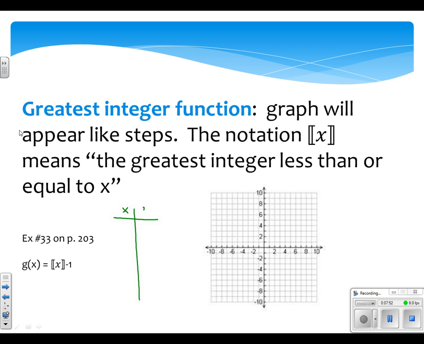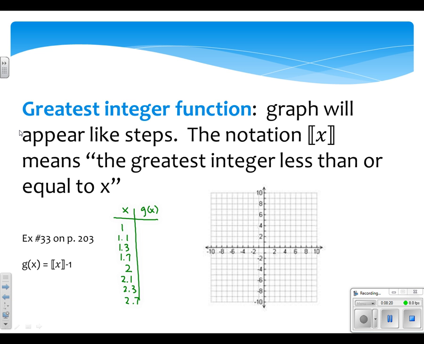So let's do an x and a g of x chart. Remember, g of x just means y. I'm going to choose 1, then some decimals, 1.3, 1.7, and then 2, and a few decimal values, including a 2 as well, so that you can get an idea of what this kind of graph is going to do.